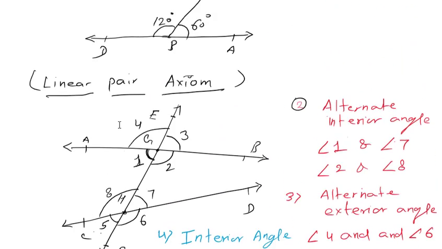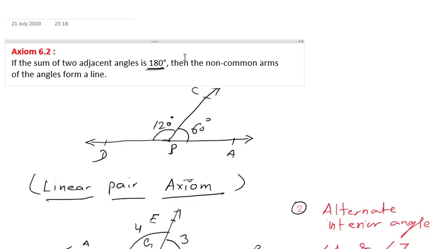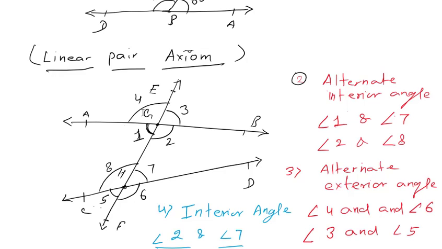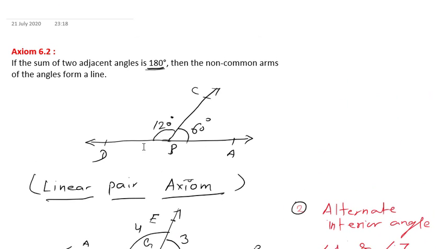Axiom 2 is, if the sum of two adjacent angles is 180 degrees, then the non-common arms of the angles form a line. This axiom 6.1 and 6.2 together we call the linear pair axiom.